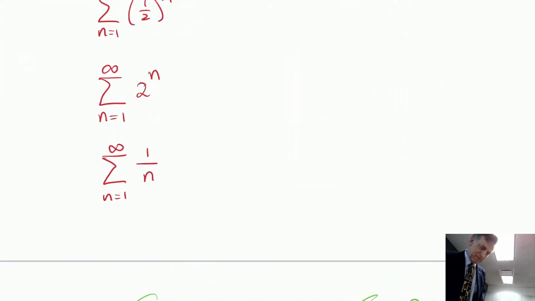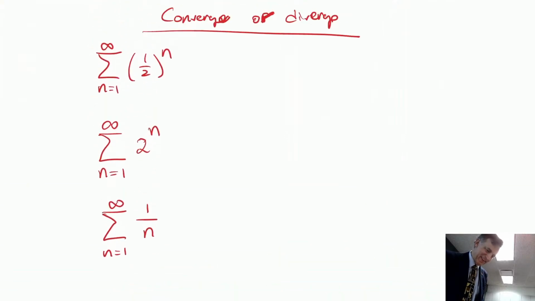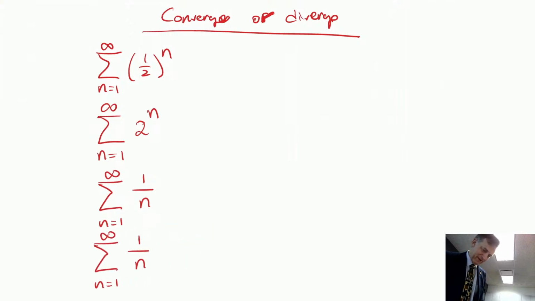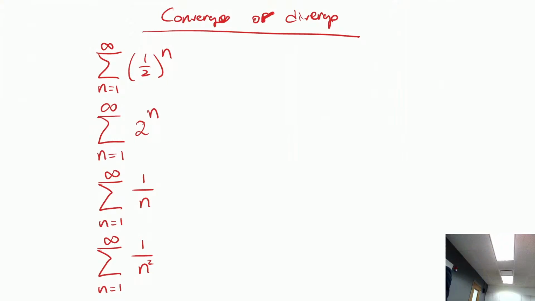Oh, whoops. Let me just scrunch these up a little bit so that we have more room. There we go. In fact, I'll just copy that one. We'll do one more here. How about that one? And squared. Okay, so there's 4 series, 4 summations.